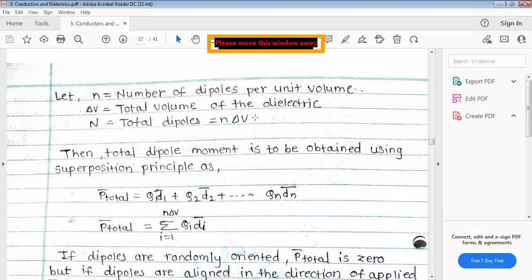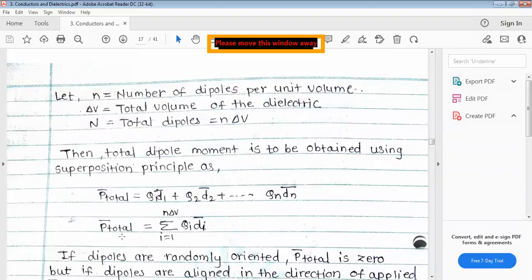Now the total dipole moment is to be obtained using superposition. It is simple. To find the total dipole moment, P bar total is equal to Q1 D1 bar plus Q2 D2 bar plus and so on up to Qn Dn bar.